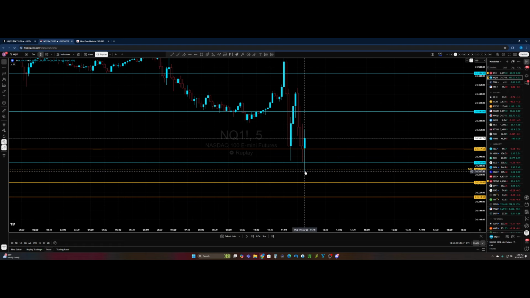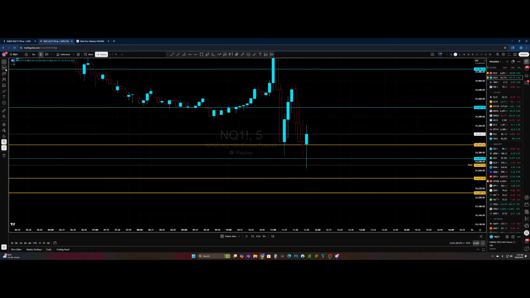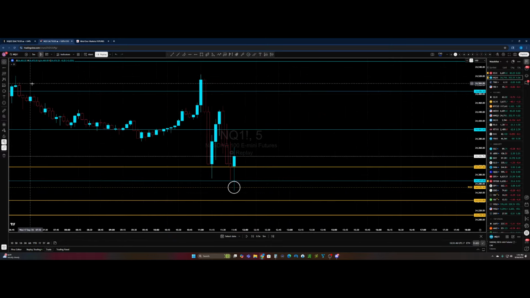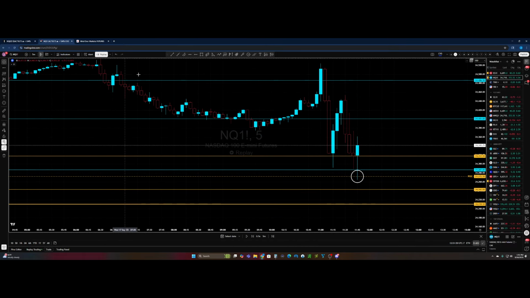This level wasn't something I would trade because I don't know what's going to happen, right? But now we knew how the market reacted. So I'm just going to mark this level really quick so that we have it for visual purposes. Oops, sorry. Next, let's move forward.